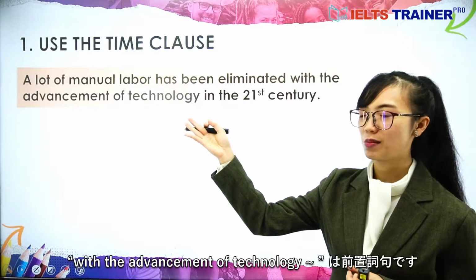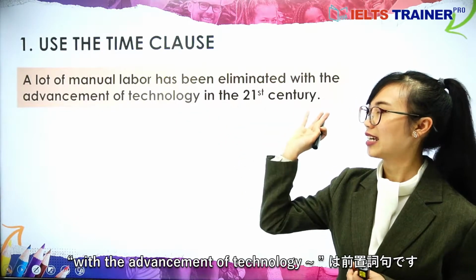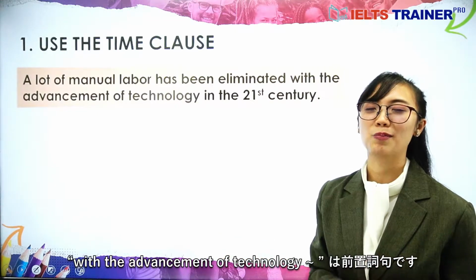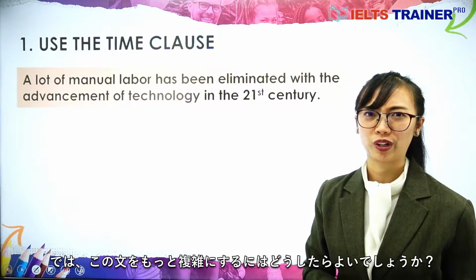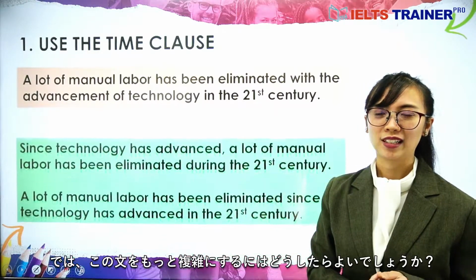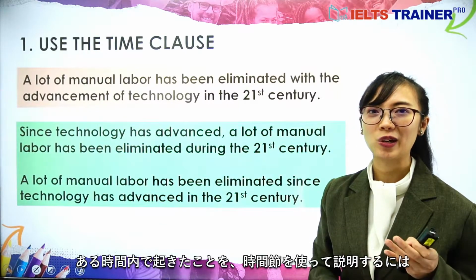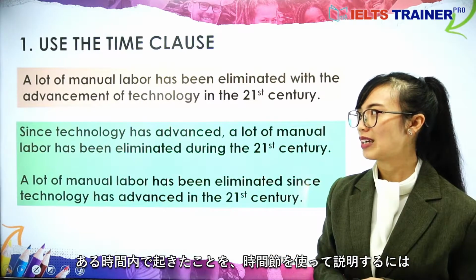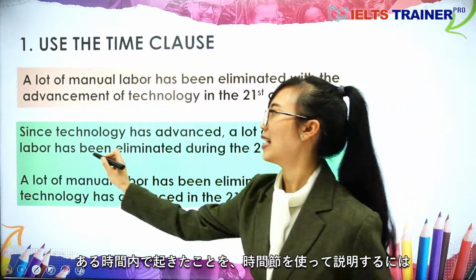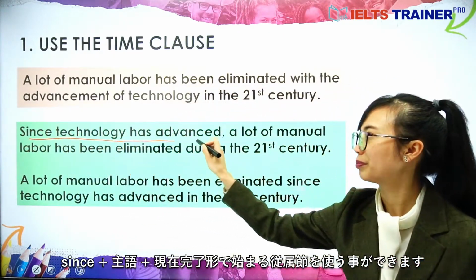With the advancement of technology in the 21st century, your prepositional phrases. So how do we make this even more complex? Using the time clause to explain what happened for a duration of time, we may include this dependent clause.